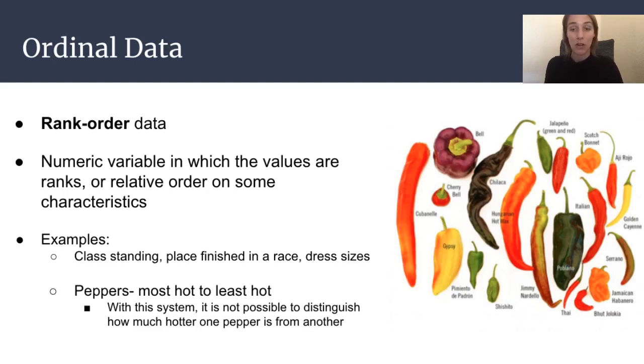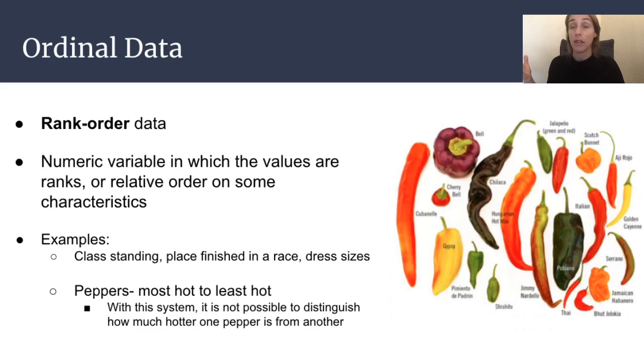I have an example here about peppers, wanting to rate them from the most hot to the least hot, right? You could taste all of these peppers and put them in some type of ranked order from the spiciest to the least spicy. But we can brainstorm maybe some very hot peppers, right?